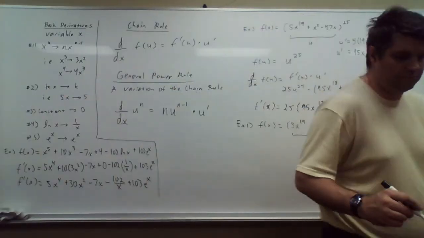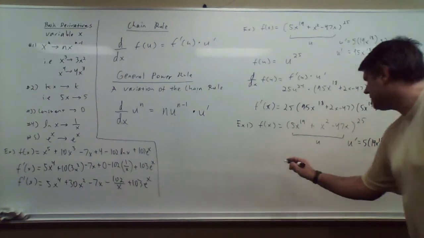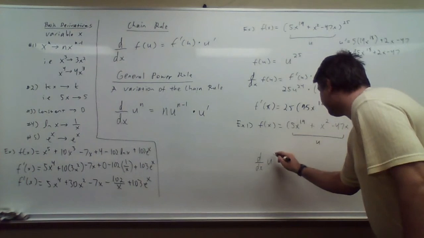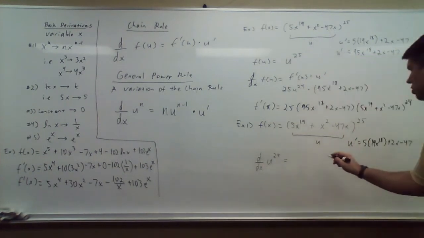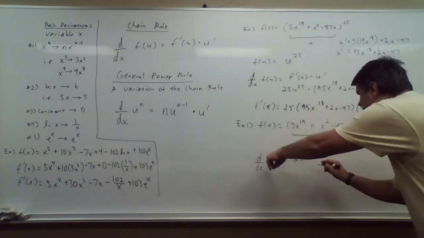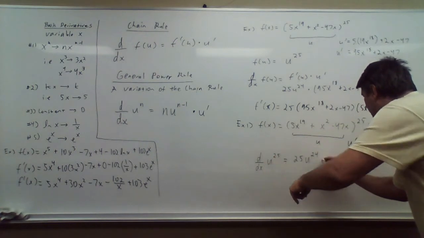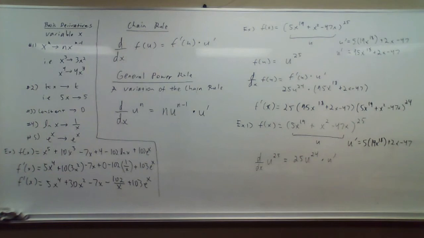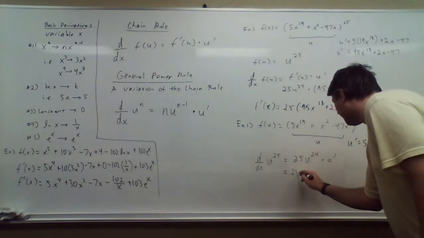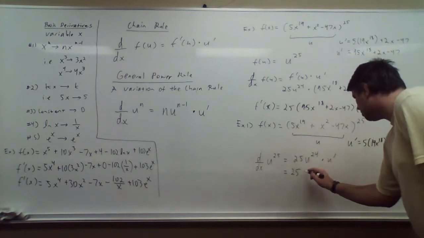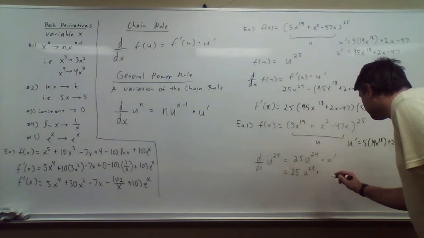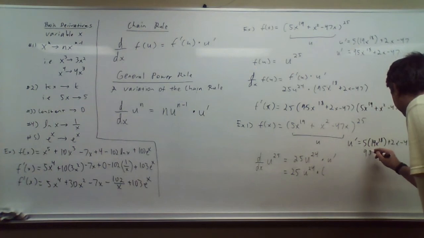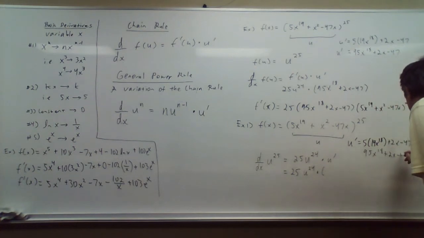So d/dx of u to the 25th would become 25 going to the front, u to the 24th times u prime, which would give me 25 u to the 24th times 95x to the 18th plus 2x minus 47.